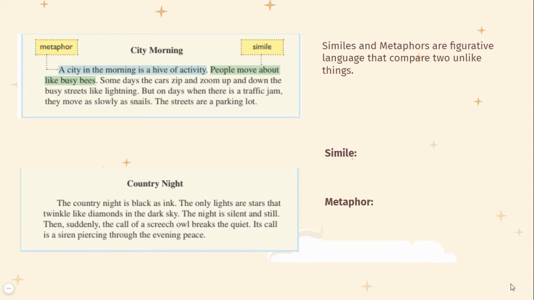The night is silent and still. Then suddenly the call of a screech owl breaks the quiet. Its call is a siren piercing through the evening peace. Did you find any similes? How about metaphor?